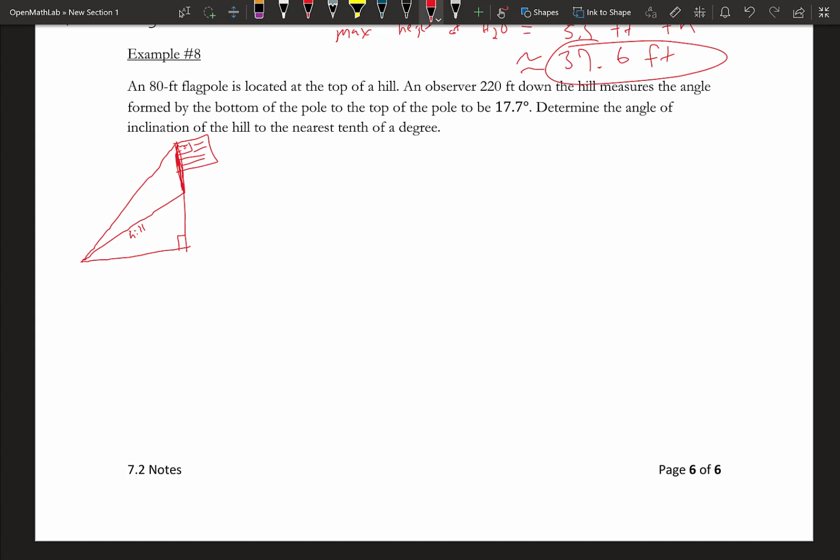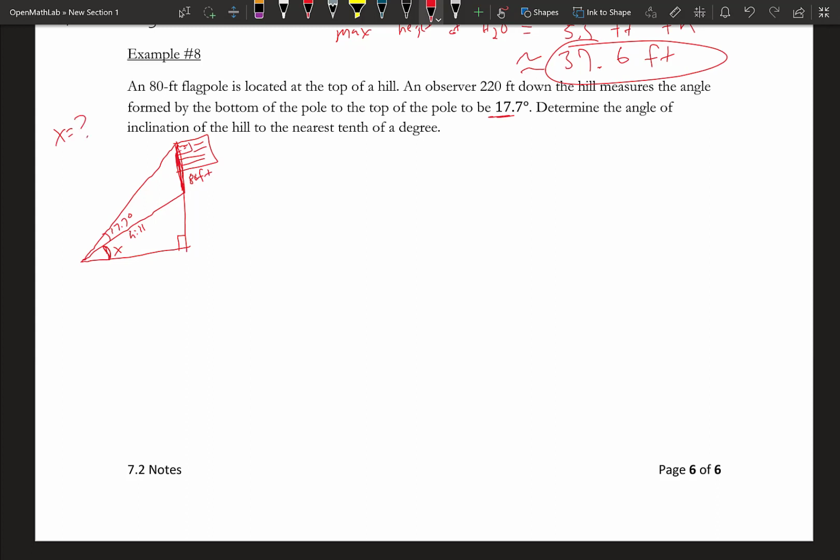That flagpole is 80 feet, and then the angle from the top of the pole to the bottom of the pole is 17.7 degrees, so that's this part. What we're trying to find is the angle of inclination of the hill, which is this part. We can call this x. So really, we want to know what x is.